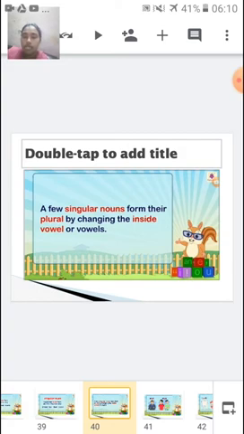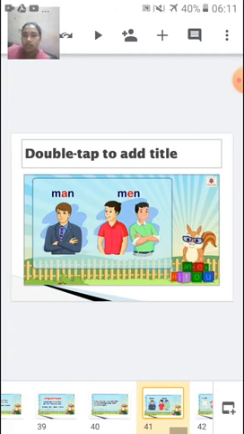A few singular nouns form their plural by changing the inside vowel or vowels. For example, see here, a few singular nouns form their plural by changing their inside vowel or vowels. For example, man cannot be written as mans.